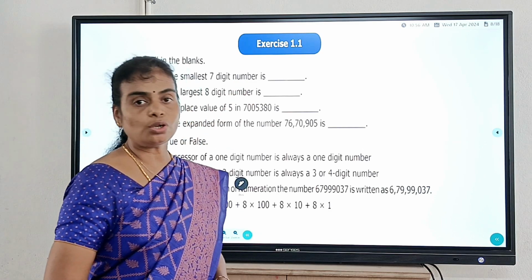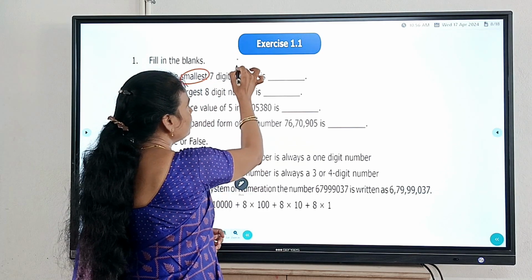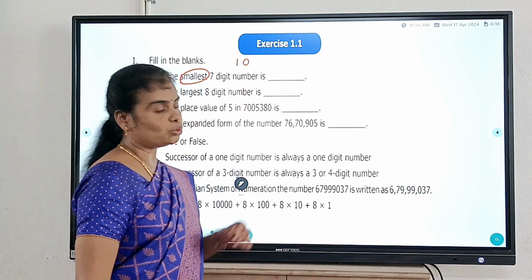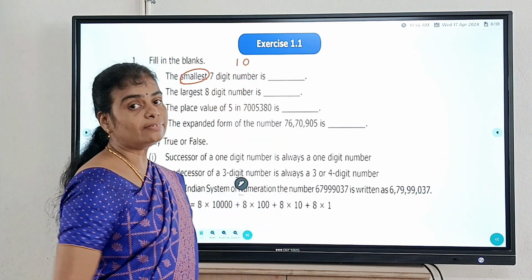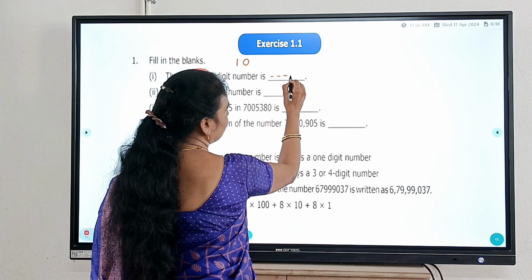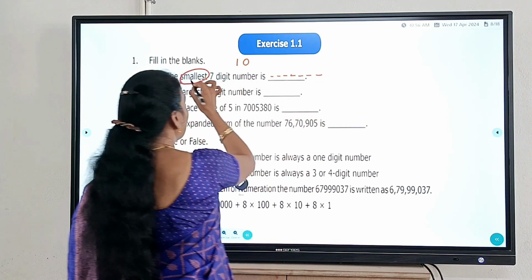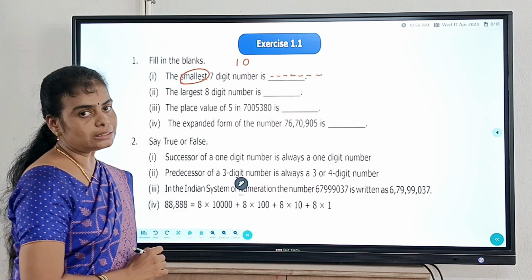So what did I tell you already? When you see the word smallest, you must get in your mind 1 and 0. And here it is given as a 7-digit number. So you can write 7 places here, that is 1, 2, 3, 4, 5, 6 and 7. And they are asking for the smallest number.